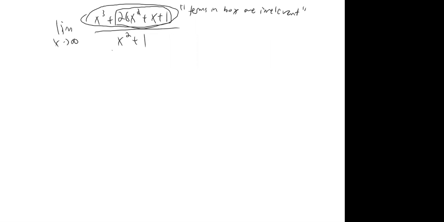And similarly on the bottom, what does this function sort of behave like? Which term wins out? Since I put the term in a box, let me circle this. If you look at the bottom, which term wins when you go to infinity? Constants are irrelevant, right? 1000 and 1001 makes no difference. So this behaves like x squared, and the top behaves like x cubed.